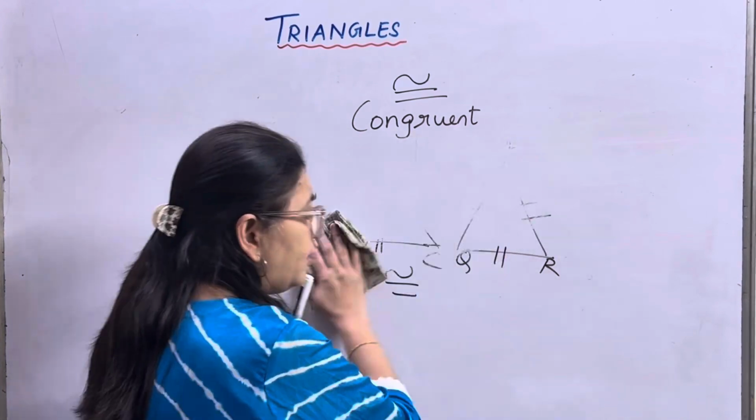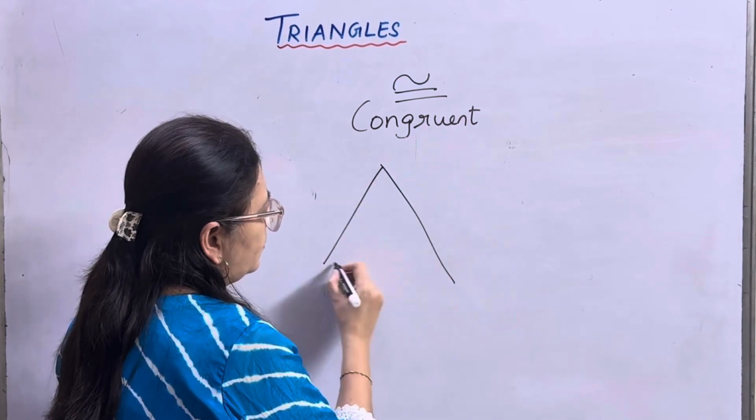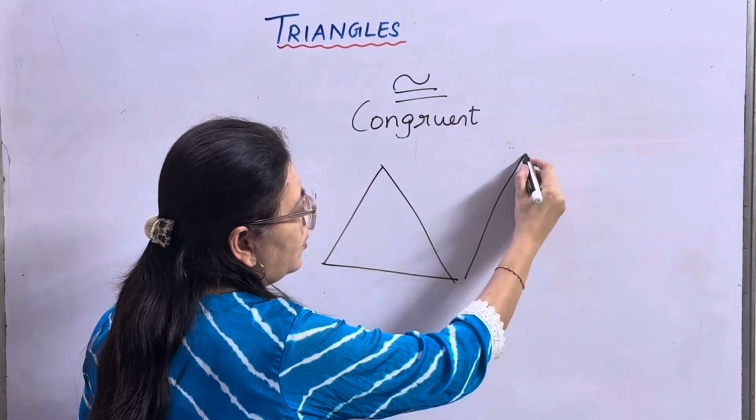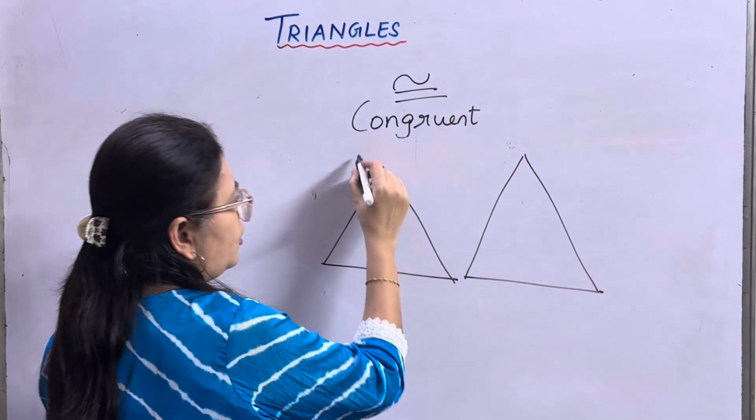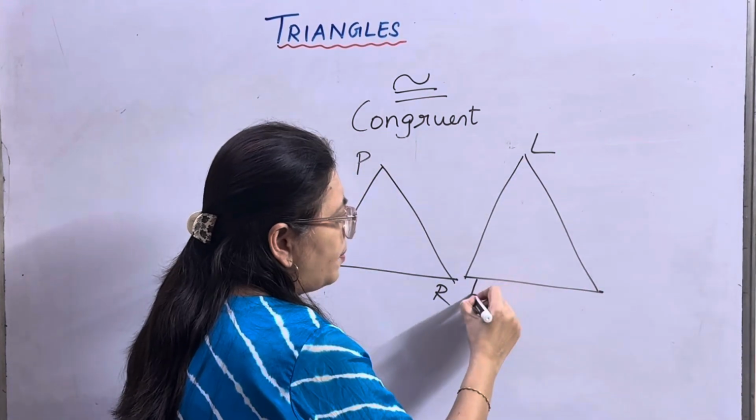Then comes another test. Say this is triangle PQR and this is LMN.